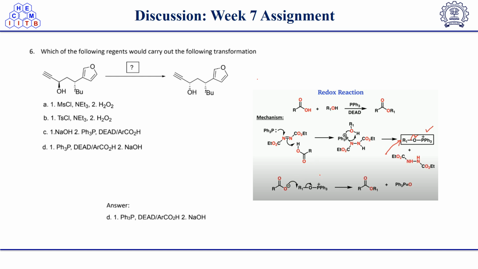Here the alcohol is first activated and eliminated, and then it is attacked in an inverted manner. It is basically an SN2 reaction. So we will get option D as the correct answer: first the Mitsunobu reaction followed by the ester hydrolysis.